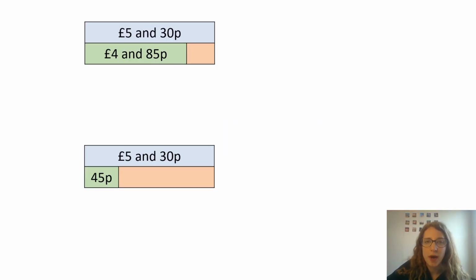Right, so we've got two bar models here with the same total on the top of £5.30. Okay, and we're going to work out how to fill in the missing gap. So we've got £4.85 add something equals £5.30. So there's not much difference between £4.85 and £5.30, so we could just count on.